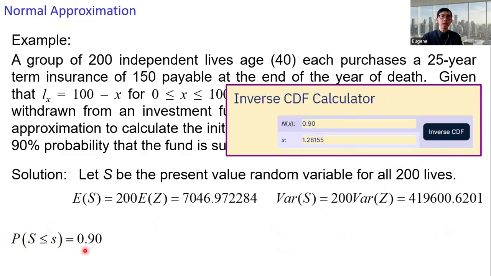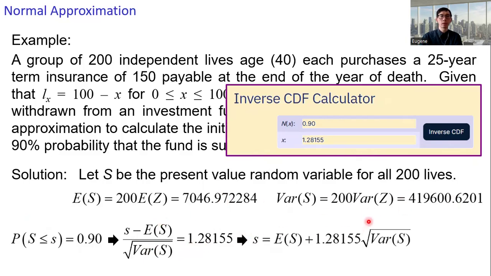And the 90th percentile corresponds to the standard normal value of 1.28155. That is, S minus the expected value of S over the square root of the variance of S equals 1.28155. Do the substitution, and then we get the answer, 7,877.1166.